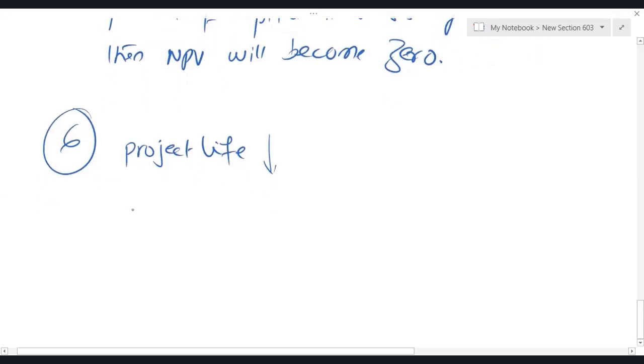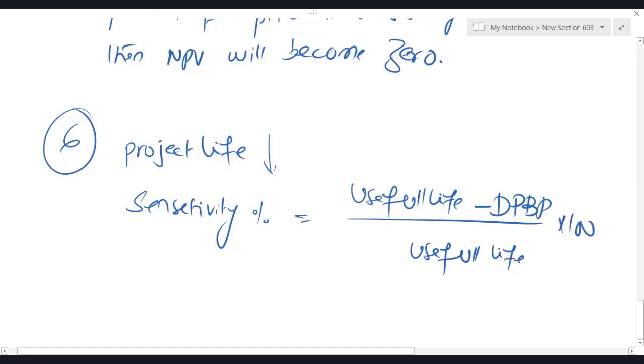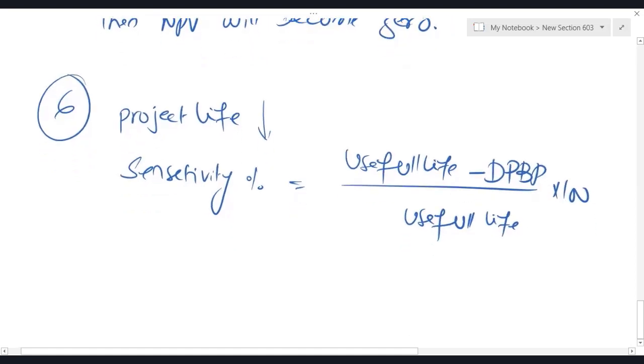So how do we apply sensitivity on the project life formula? Sensitivity percentage is equal to useful life minus discounted payback period divided by useful life. You need to know one thing: discounted payback period is the time period where NPV is zero.